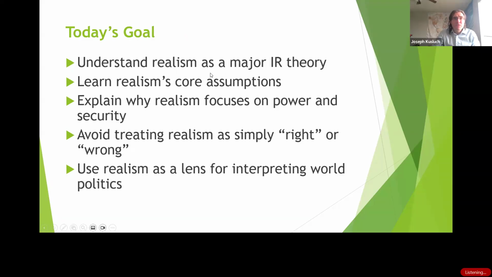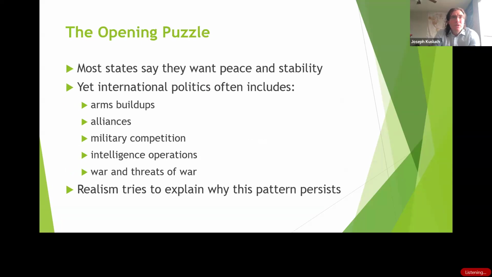Okay. So one useful way to begin our lecture is to think about what realism is. And through that we can think of a pretty basic question.